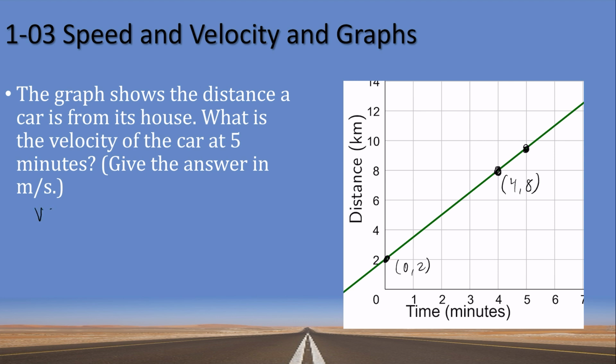So our velocity is the slope, which is our y2 minus y1 over x2 minus x1. Now technically, that's df minus d0 over tf minus t0.